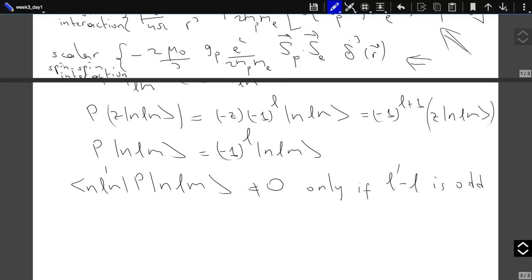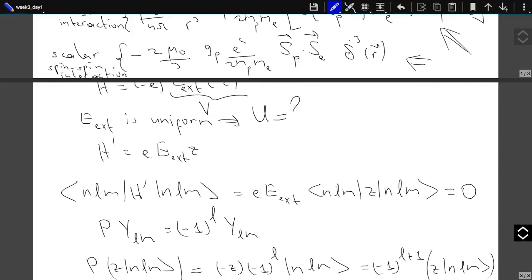So it seems that there is no perturbation. If this is 0, sorry, this is not P, this is z. So if this matrix element is 0, there doesn't seem to be any perturbation at first order. I mean, there's no correction at first order. Do you agree?